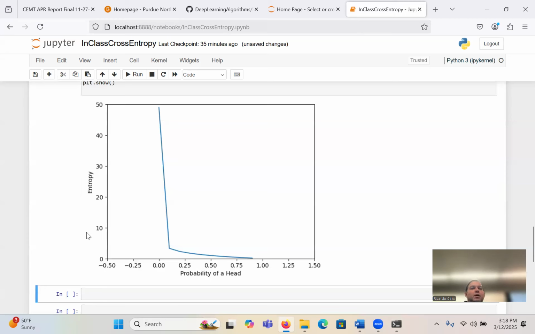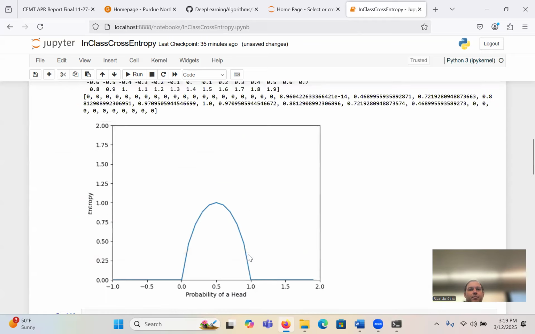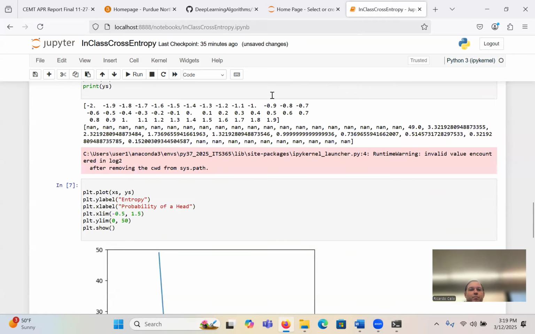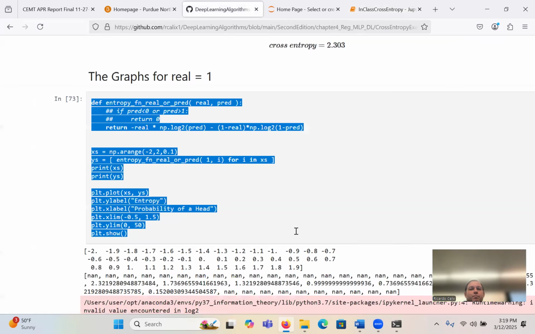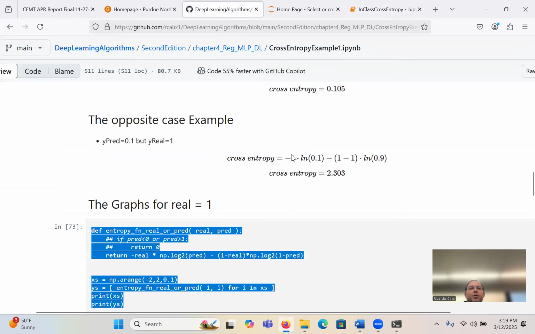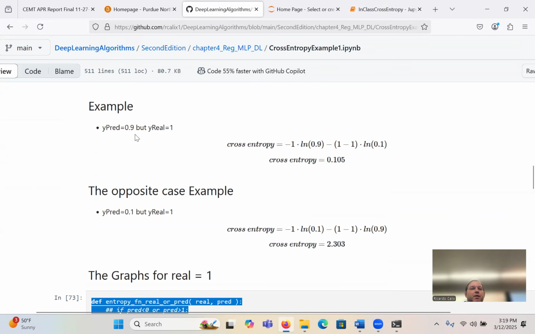Remember, that was the goal. And so what we want is to change the W's so that the probability becomes 1, because the real case is 1.